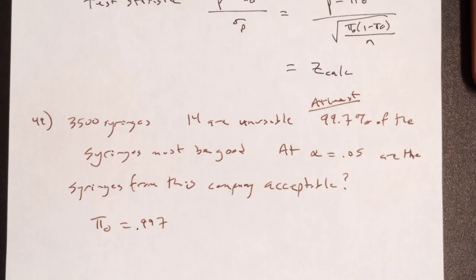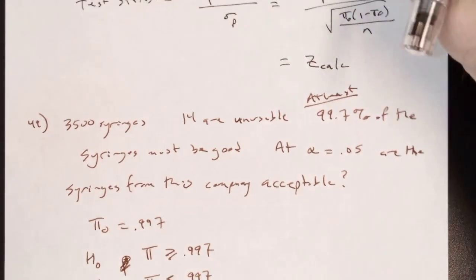Now, if we do that, then we're doing a right tail. And I'm saying my null hypothesis is that the population proportion is bigger than or equal to 0.997.